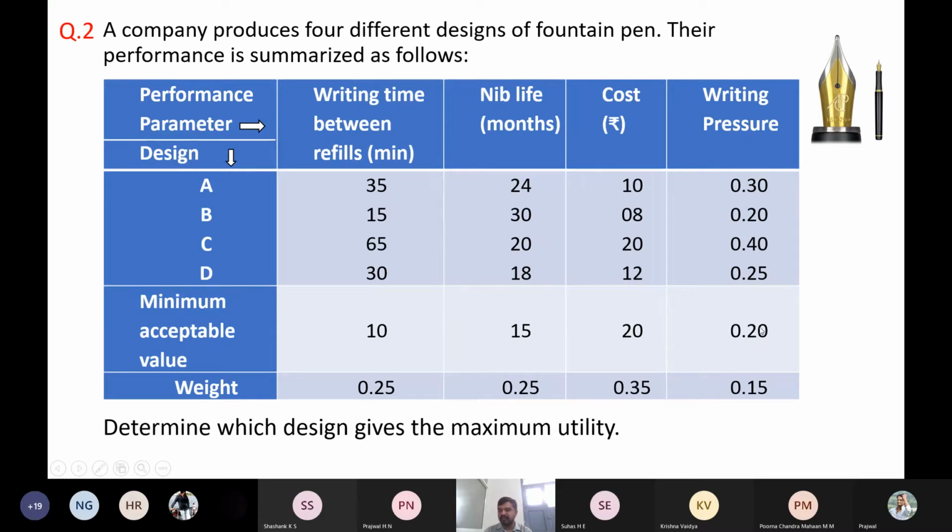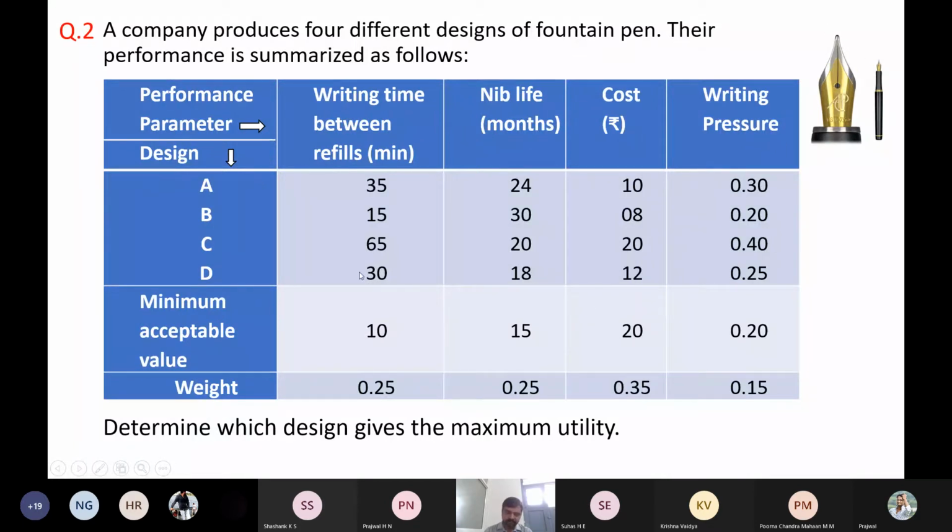By observing whether the remaining values are more or less than that, you can also decide whether it should be maximum or minimum. For this fountain pen case, we are going to give preference to minimum writing pressure by considering the safety of the nib.